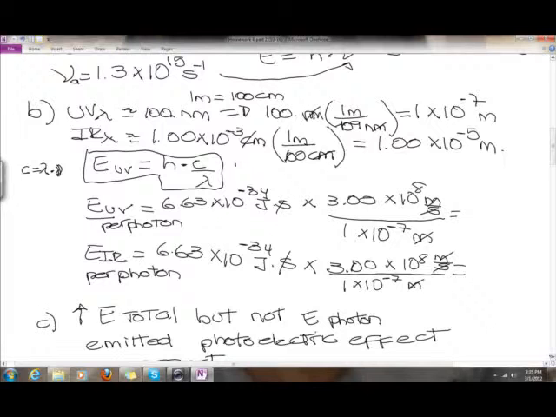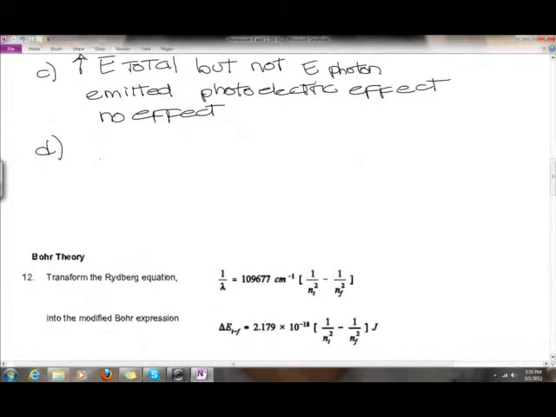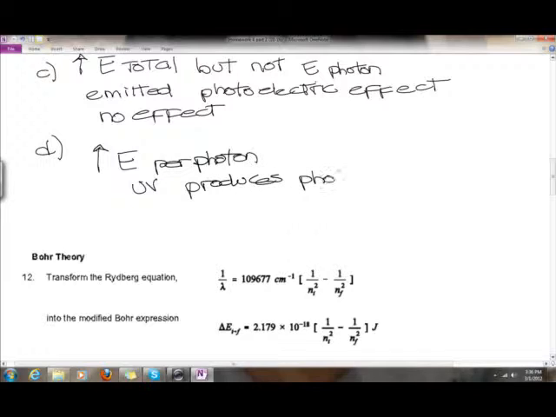In part B it is the energy per photon, not the total energy, that you're increasing. So in the case of UV producing a photoelectric effect, what is going to happen with the increase of energy per photon?